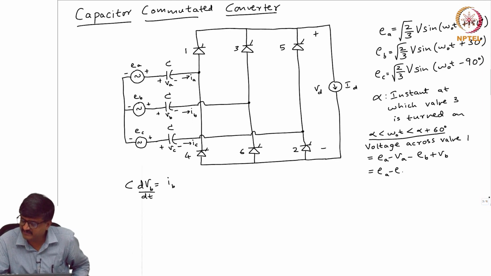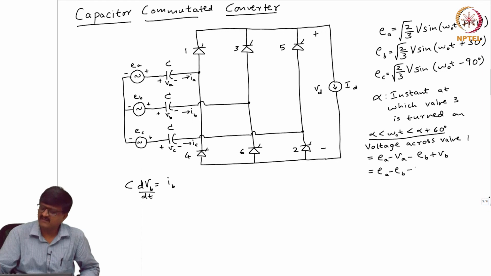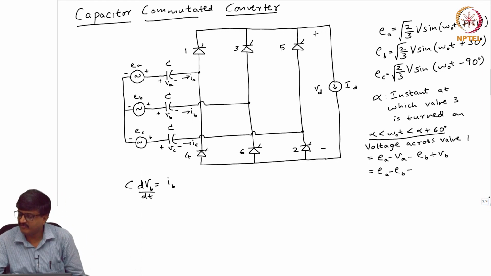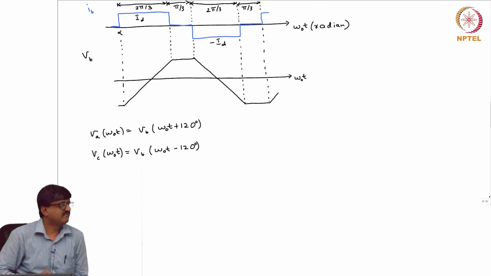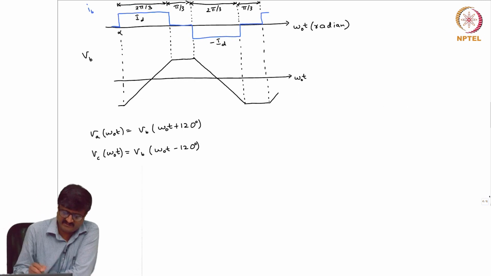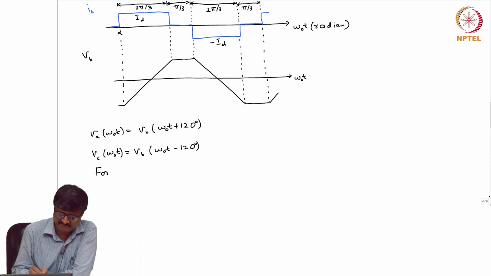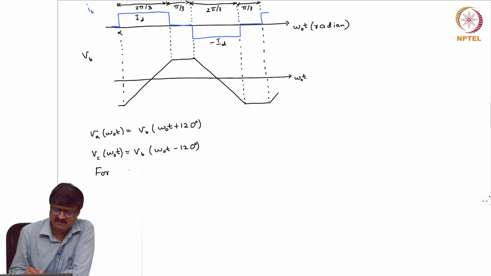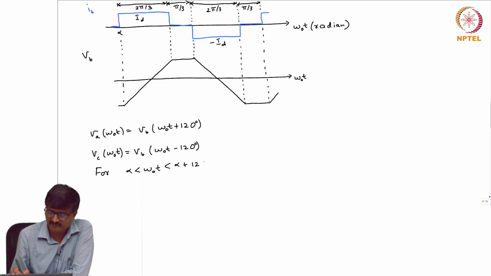Okay. So, let us try to get the expression for VA and VB. So, it is EA minus EB. What is VA? What is the expression for VA? See, we already have the waveform of VB. Okay. So, let me try to get the expression for VB for alpha to alpha plus 120 degrees. What is VB?